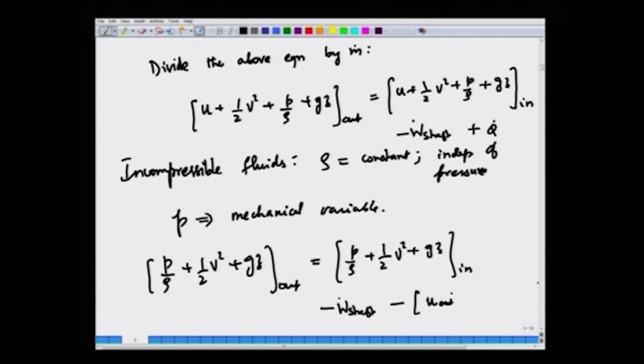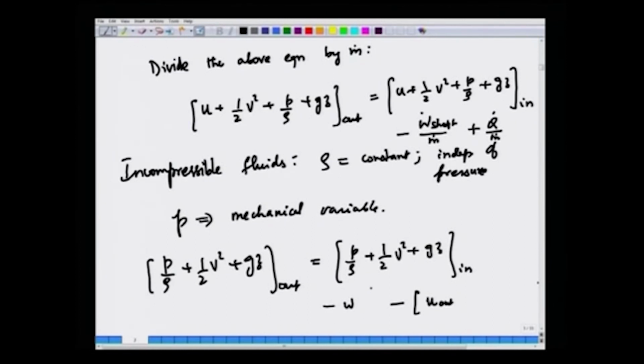Okay, so we are dividing the entire equation by m dot. So, you will get w dot shaft by m dot and q dot by m dot. Now, w dot shaft by m dot is nothing but small w, the work done by the CV per unit mass of the fluid.